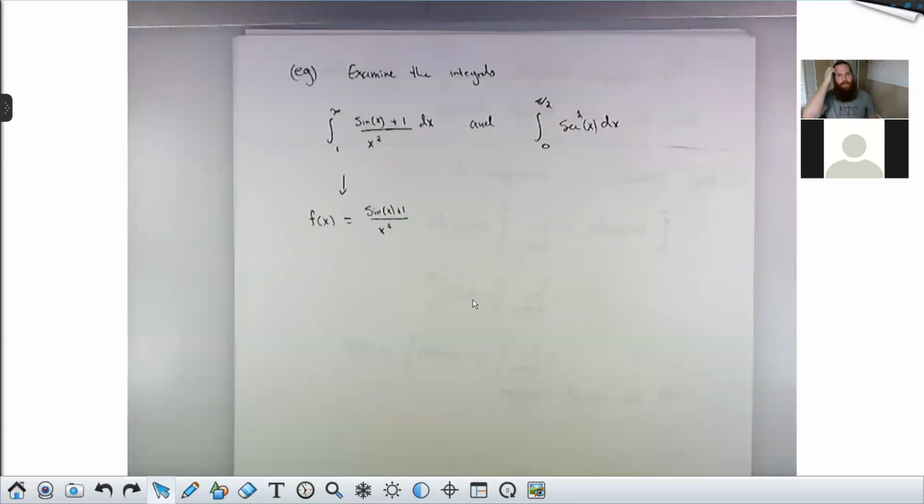So if I'm able to build an inequality here, relating this function to another function whose integral's convergence is known, I might be able to get some good information out of that.